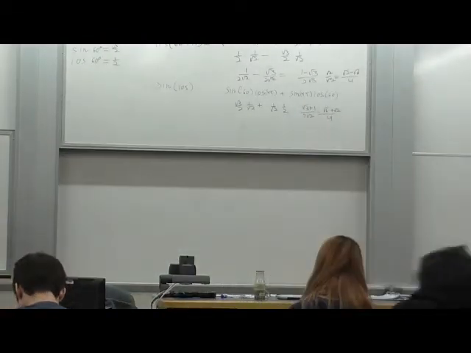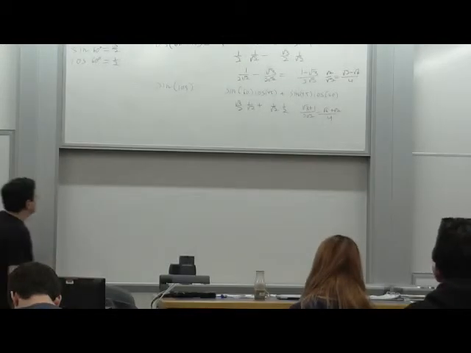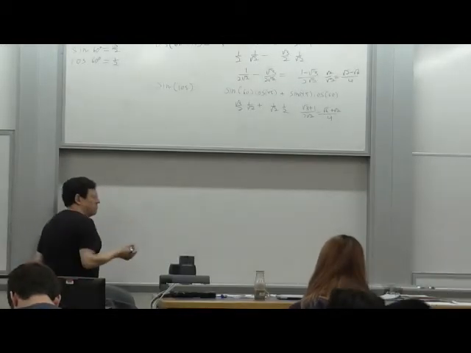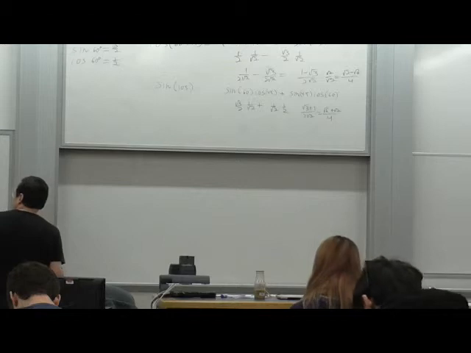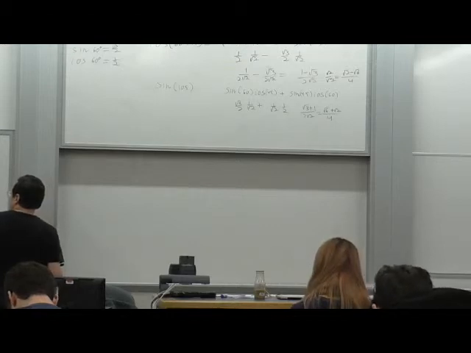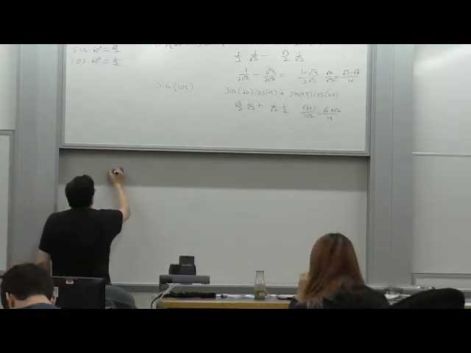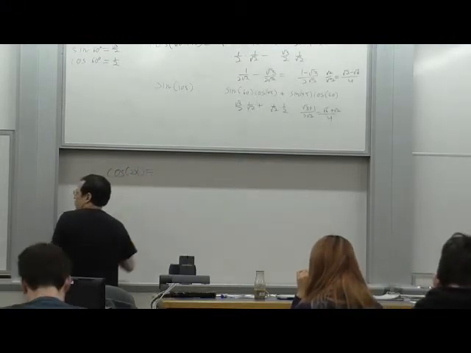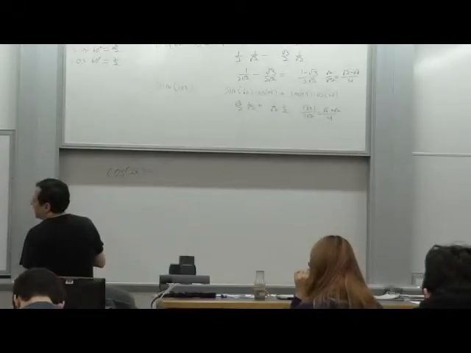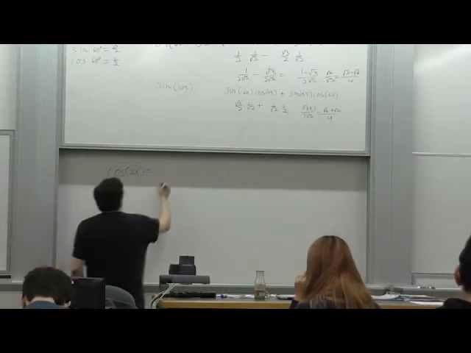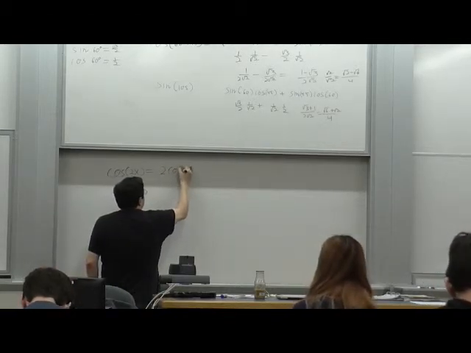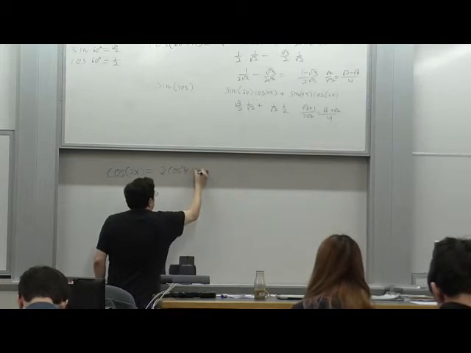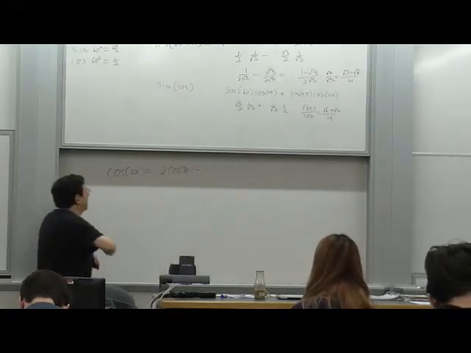It'd be nice if we go the other direction, right? Let's see what we can do here. Let's write cosine of 2x in this form: 2 cosine squared x minus 1.